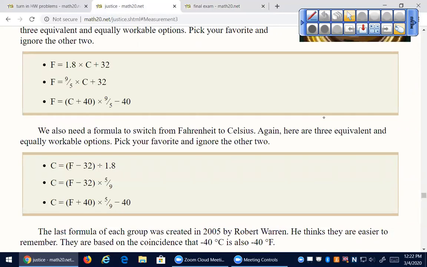So one from the top three and one from the bottom three. Then you can go in both directions. You need to memorize moving around within the American system, the standard system: pints, cups, quarts, feet, yards, miles. You need to memorize one each of these. And then the King Henry, yeah, that one.